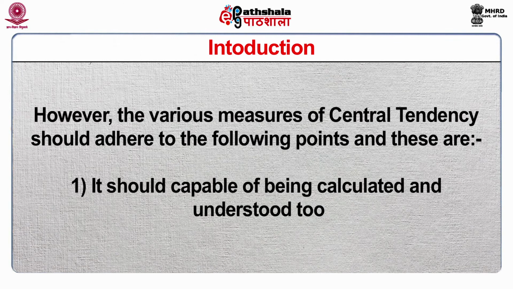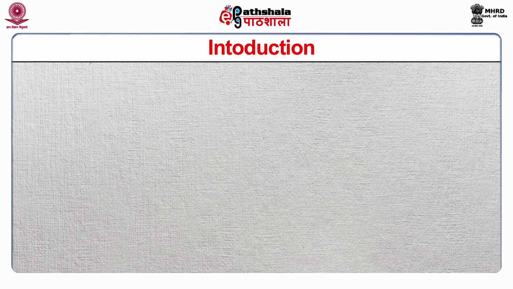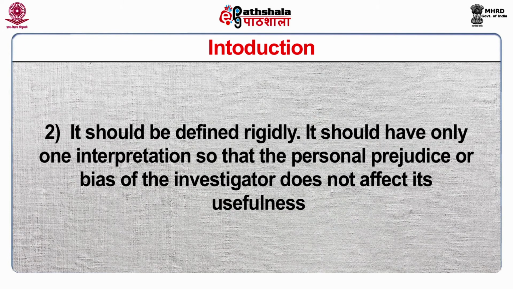However, the various measures of central tendency should adhere to the following points, and these are: firstly, it should be capable of being calculated and understood too. Secondly, it should be defined rigidly. It should have only one interpretation so that the personal prejudice or bias of the investigator does not affect its usefulness.